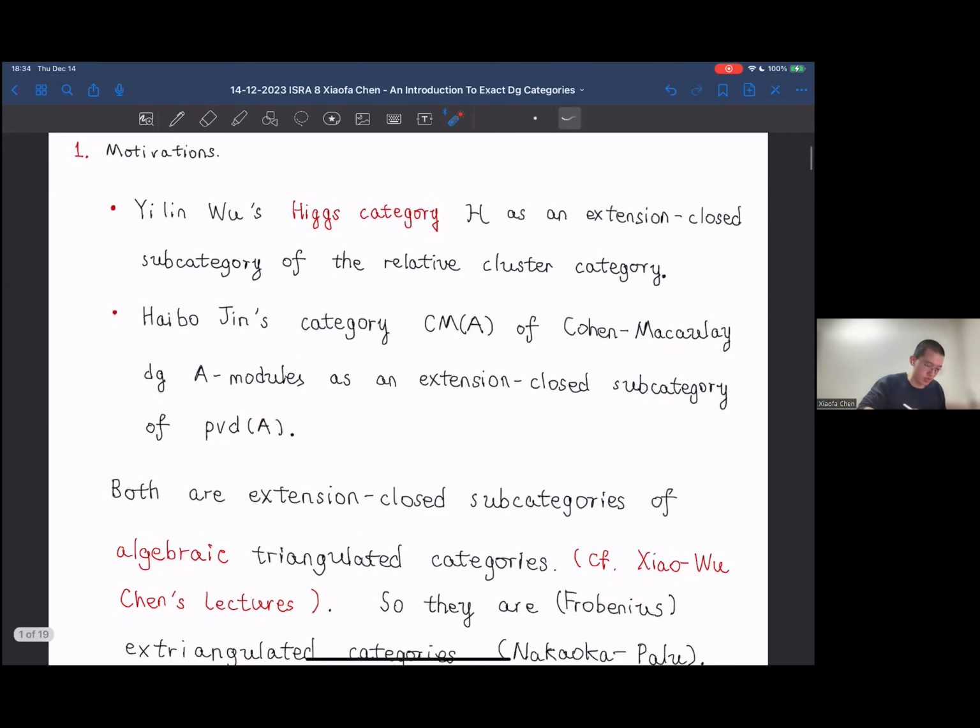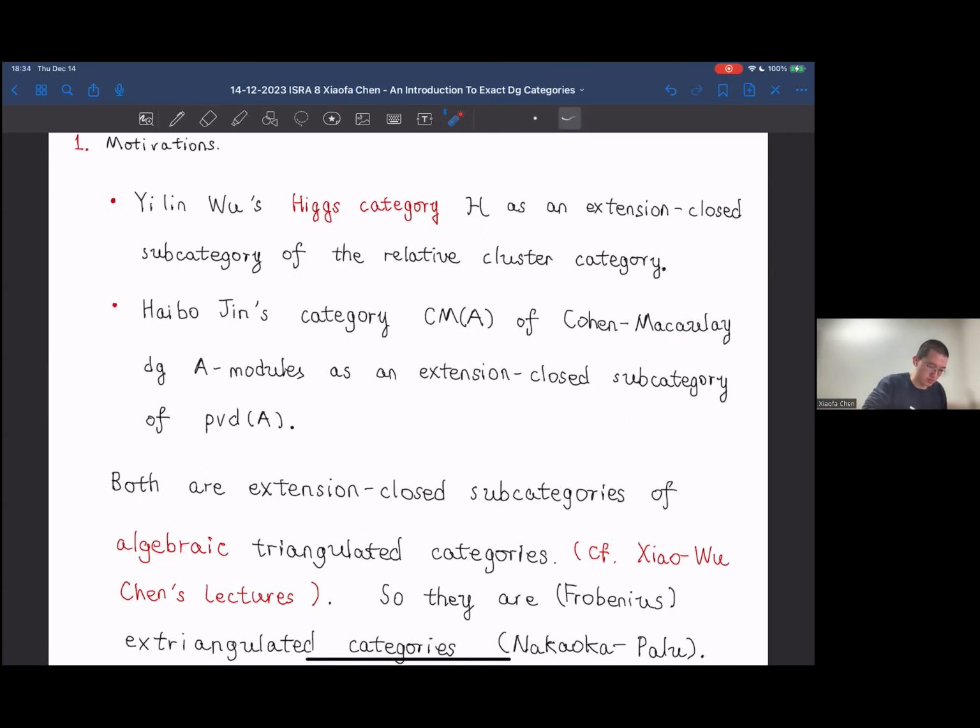Both classes of examples are extension-closed subcategories of algebraic triangulated categories. For this notion, see Xiaofa Chen's lecture. Here, these relative cluster categories and the perfect derived categories are both algebraic.